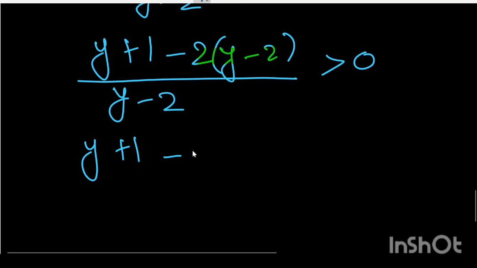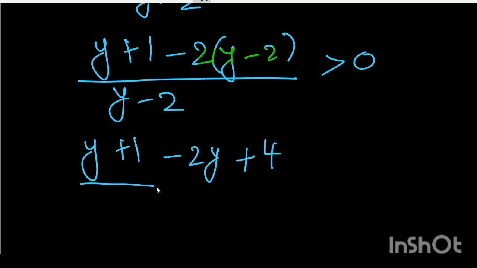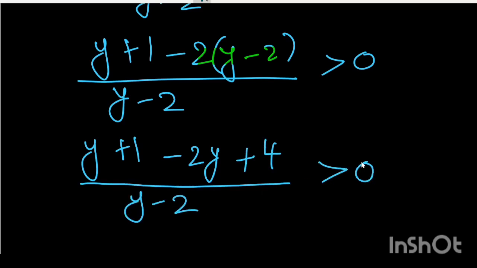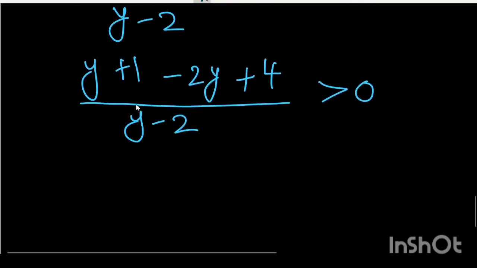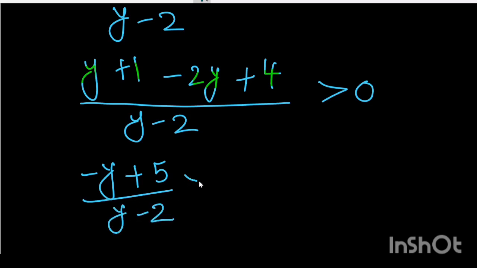So minus 2y, and minus 2 into minus 2 is plus 4, the whole upon y minus 2 greater than 0. Now y and minus 2y, if you solve, you will get minus y. Similarly, plus 1 and plus 4, if you add, you will get plus 5 upon y minus 2 greater than 0.